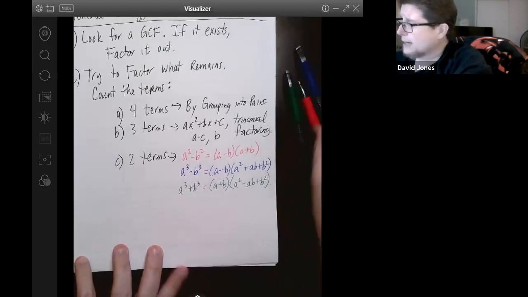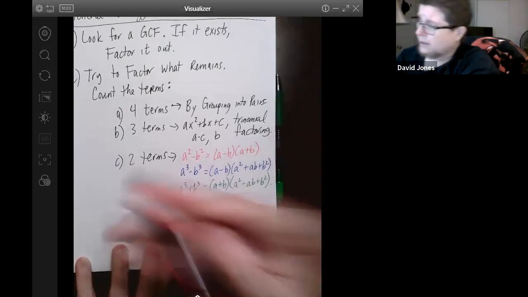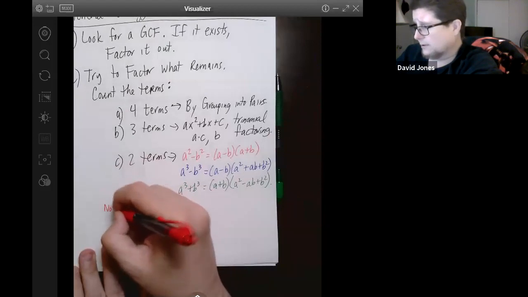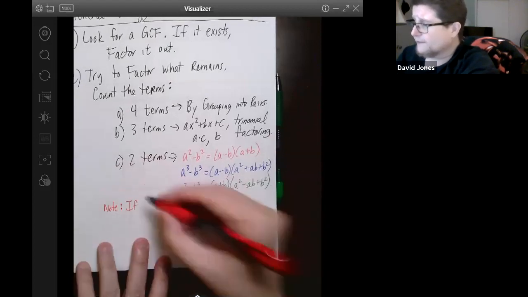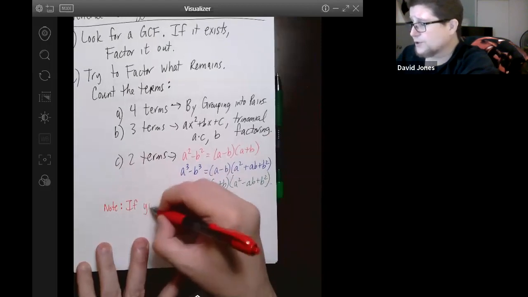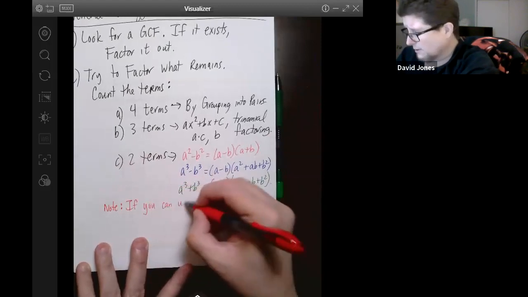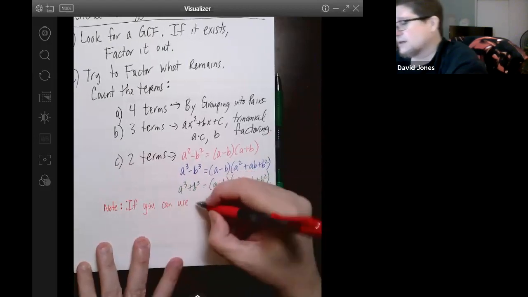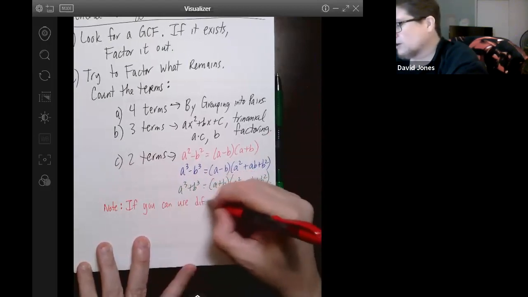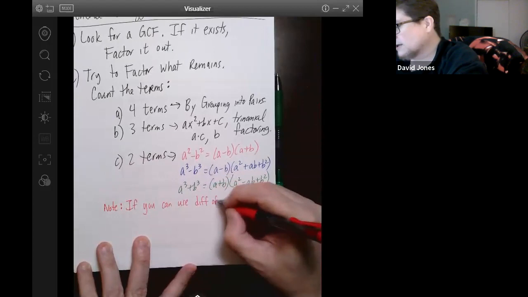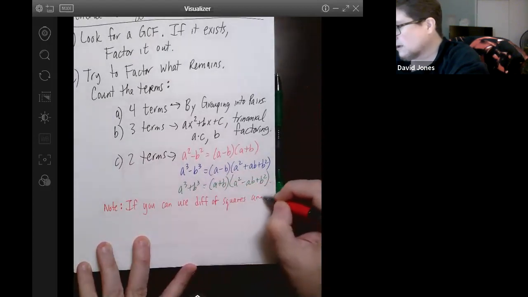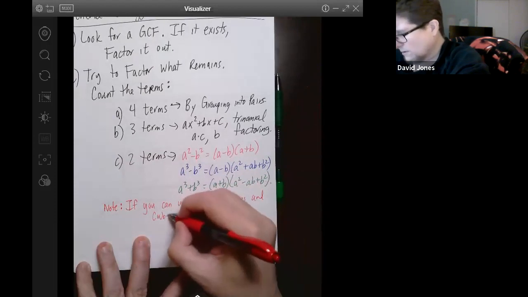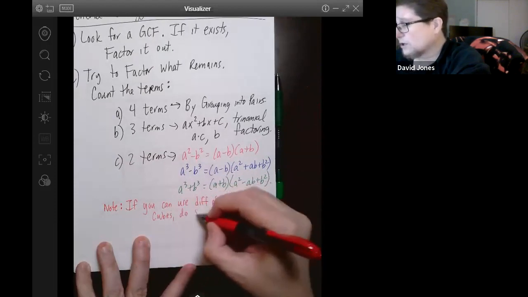I want to make a note. If you can use difference of squares and cubes, do squares first.